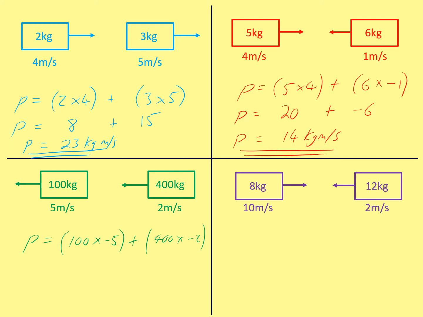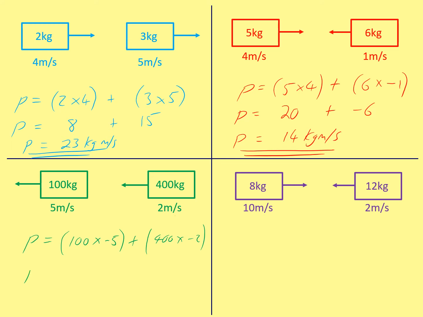Now it doesn't actually matter as long as you're consistent. So if you want your left to be positive, that's okay. It just means you've considered left to be positive. So you can do it that way as long as you're consistent. Anything to the left is positive, then anything to the right would be negative. Or you can do it my way, where everything to the right is always positive and anything to the left is going to be negative.